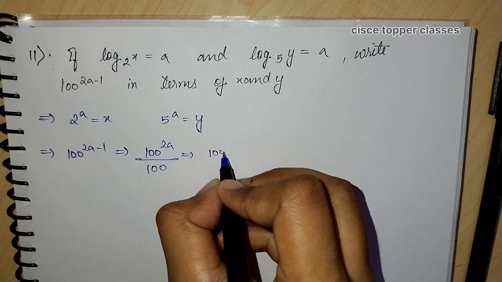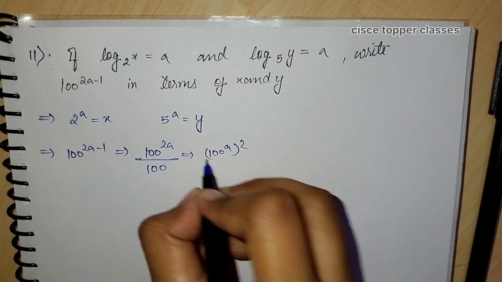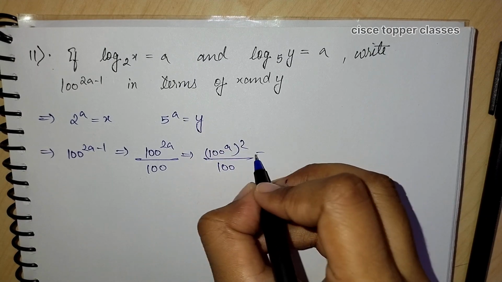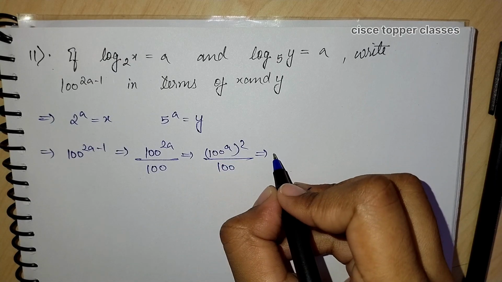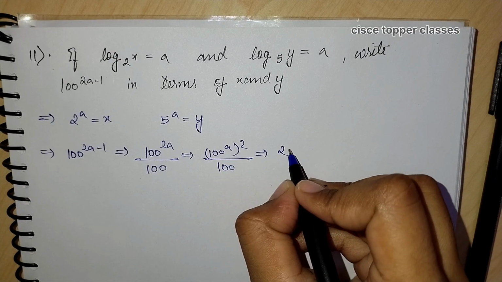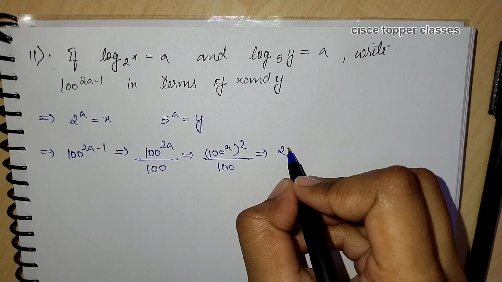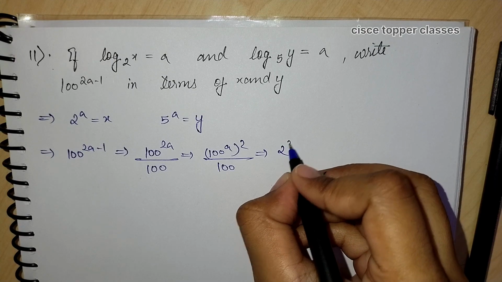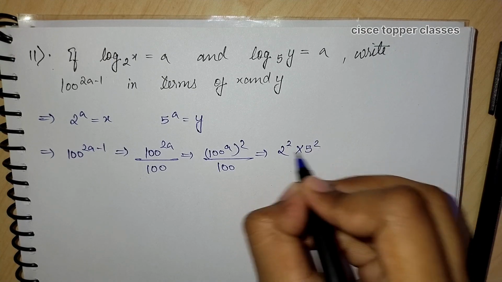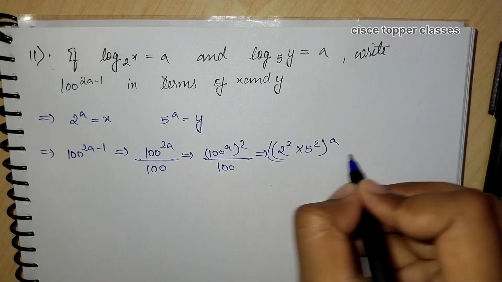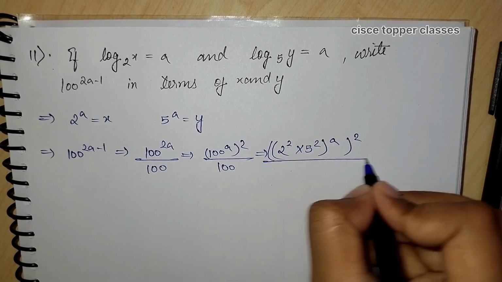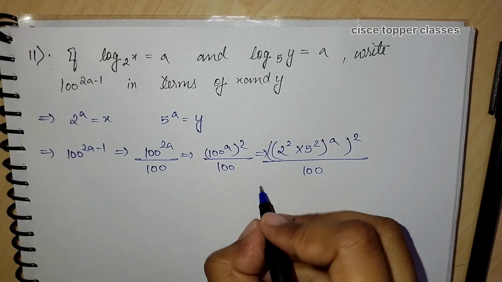So it will be 100 की power a का whole square divided by 100. So this also we can write as 2 की power 2 and 5 की power 2 a whole square, divided by 100.